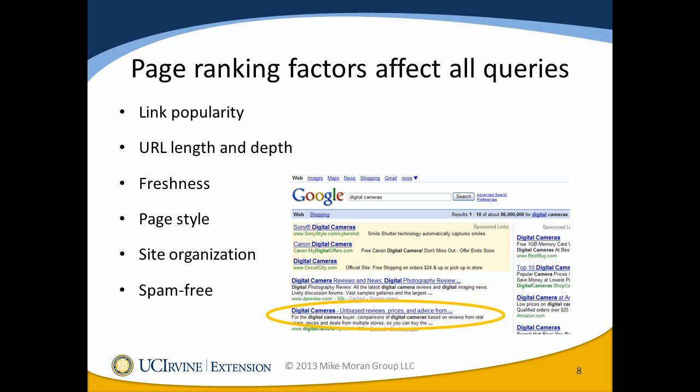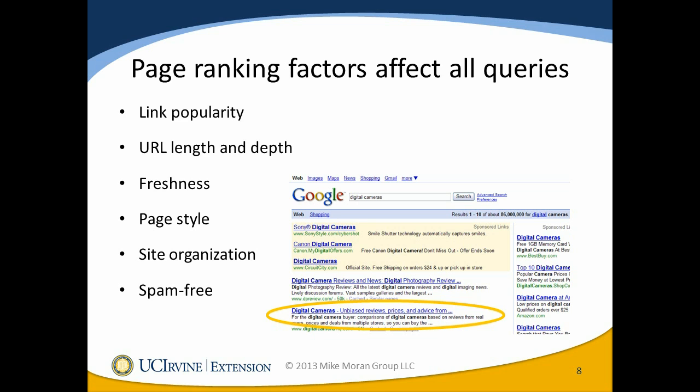Because there's some kinds of queries that are about things that are newsworthy, or they're about maybe high-tech products that are constantly being updated, and freshness matters a lot. But if someone's searching for information about Abraham Lincoln, that information is not likely to change a whole lot. So the fact that a page is fresher is probably not that important for that kind.